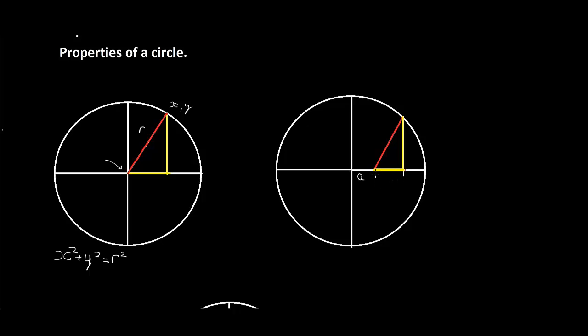So again, applying Pythagoras, if this is x, then this distance here is x minus A, and this distance is again y, and that is r, the radius. So for this circle we have x minus A squared, that's that distance there, plus y squared equals r squared.